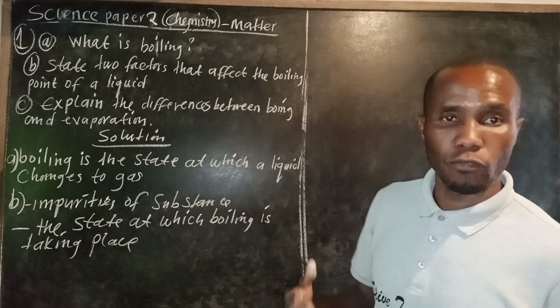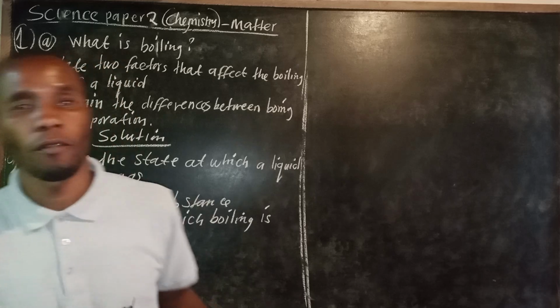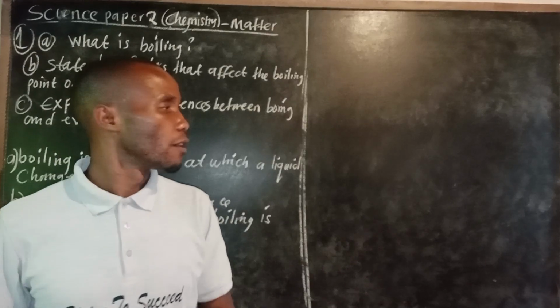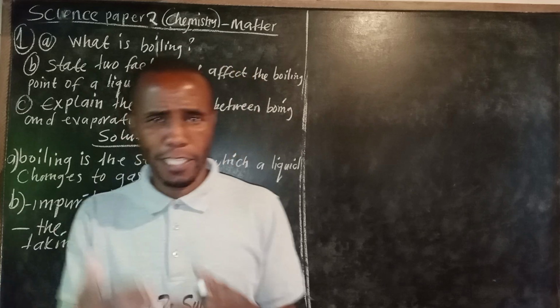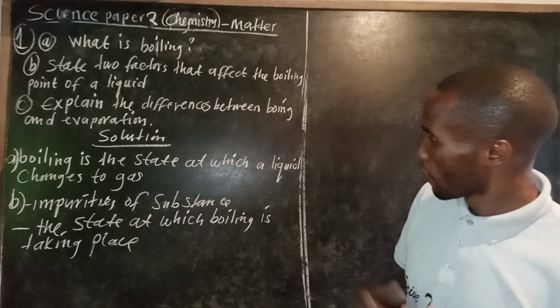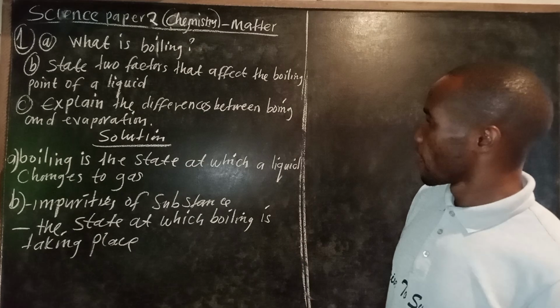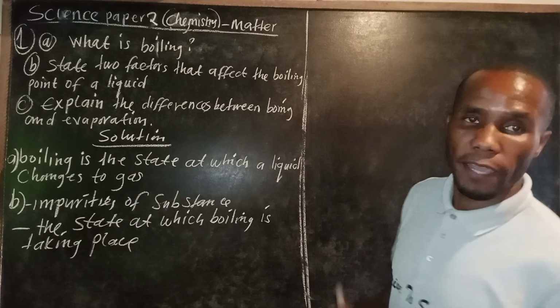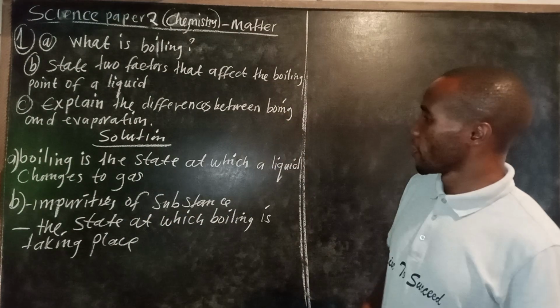If you want to do it practically, get water, put it on a stove, then the other on charcoal. You would find that the one on the stove will reach the boiling point faster as compared to the one on a charcoal or brazier. So that is some of the factors that affect the boiling point.